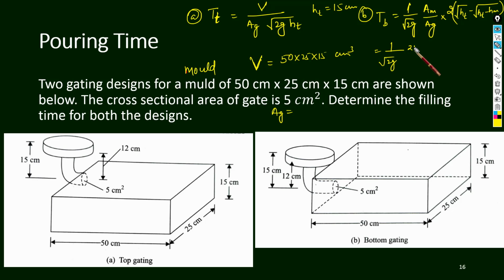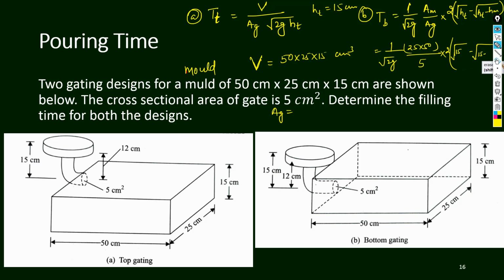So it's 25 into 50 area divided by 5 into 2 root under Ht, given 15, minus root under 15 minus Hm. Oh, the height is the same. We haven't seen that. If the height is the same, then it becomes much easier.